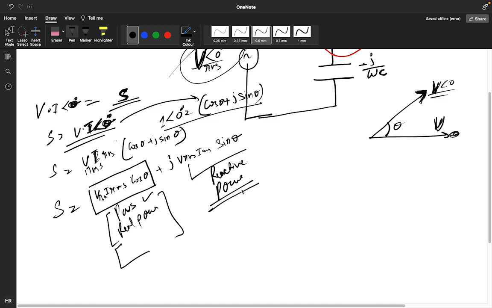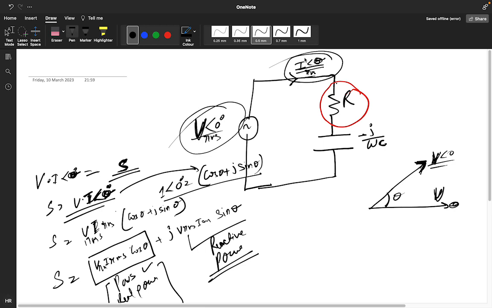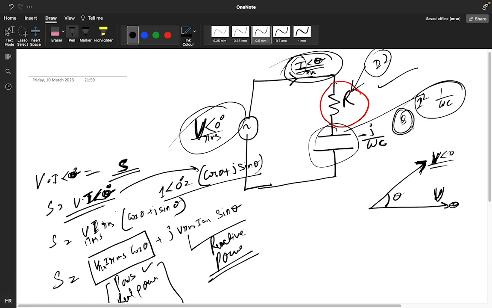If you want to find the real power, the reactive power, or the apparent power, directly take the magnitude. Take the RMS value, square it, multiplied with R. So this will be the real power. And for reactive power, take the RMS of the current, take the magnitude, and do the same thing, I square into 1 upon omega C. You will get the reactive power in this case.